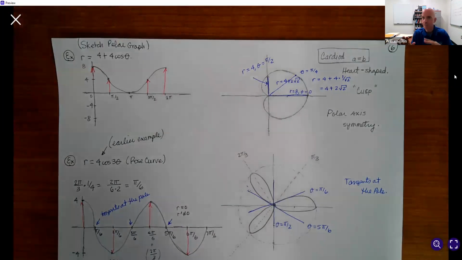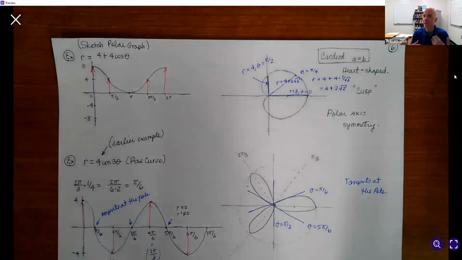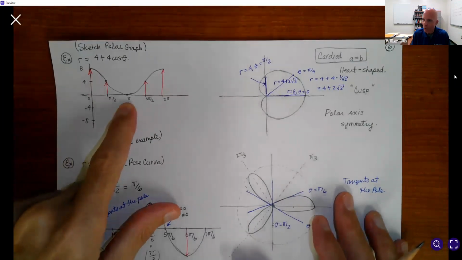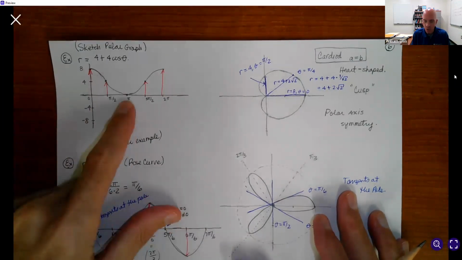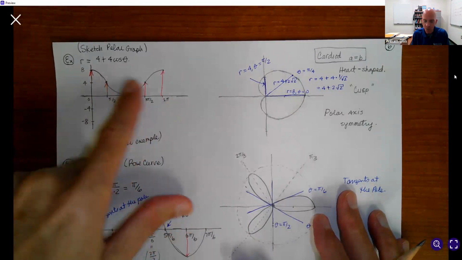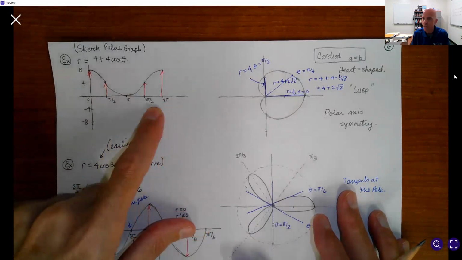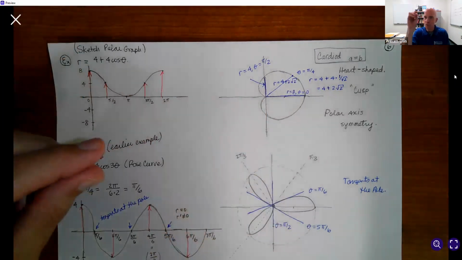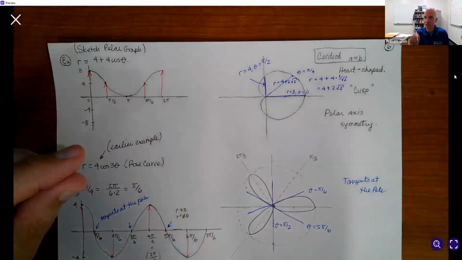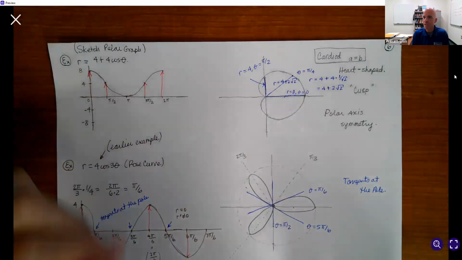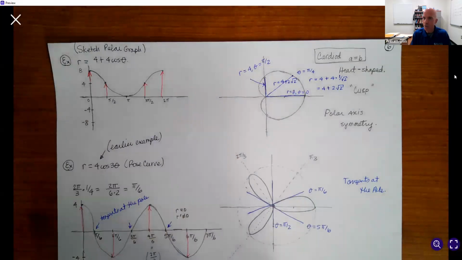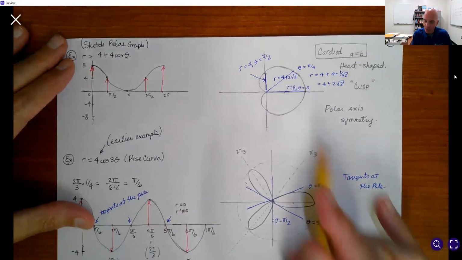And as the pluses and minuses turn around, it can be oriented differently, because that will necessarily change the graph here. But you don't have to worry about this. This graph gives you values of r and the associated values of theta. That doesn't require you to do a long drawn out table and then plot points. The plotting of the points is a waste of time. We use what we already know about trigonometry to get a quick graph.